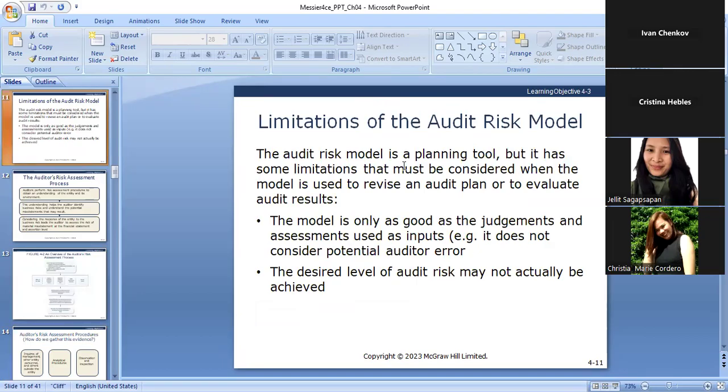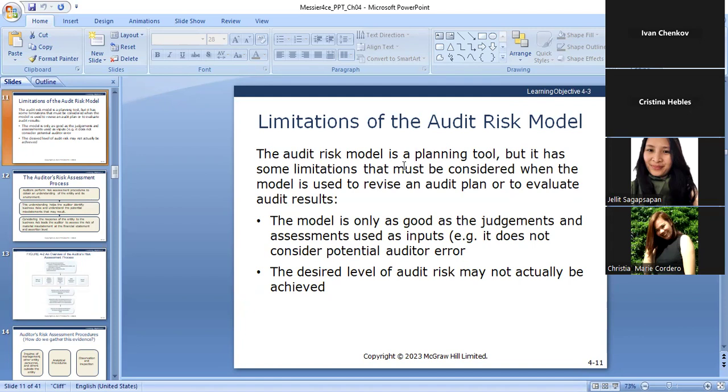The audit risk model is a planning tool, again, but it has some limitations that must be considered when the model is used to revise the audit plan or to evaluate the audit results. So basically, we can adjust that model every time we have to. Listen, the audit risk is set up in the beginning, right?